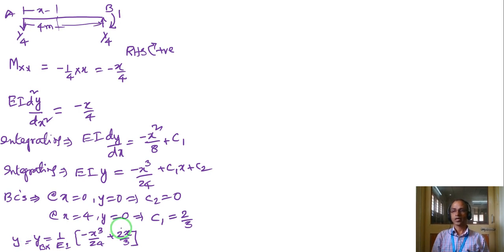Right? Now we also know at B point there is a slope because applying a moment, and also because of the intermediate support there will be a slope.